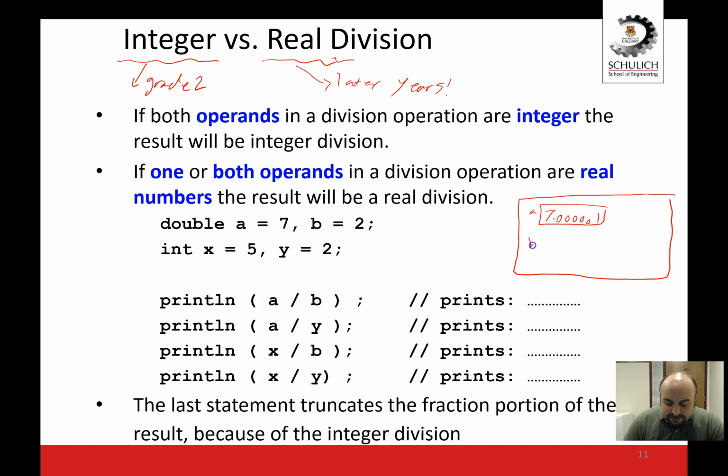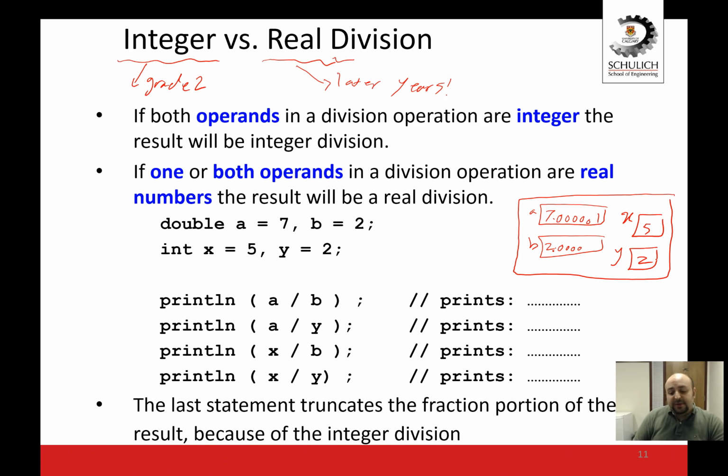B is also saved in a huge spot, 2.00000 all the way out. Then x is going to be precisely 5, and y is going to be precisely 2.